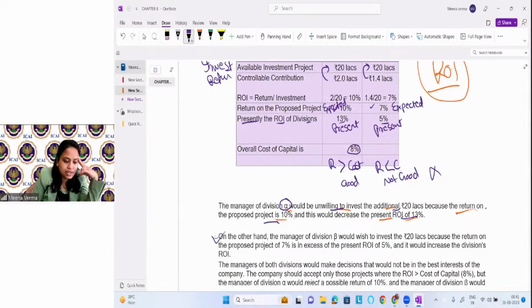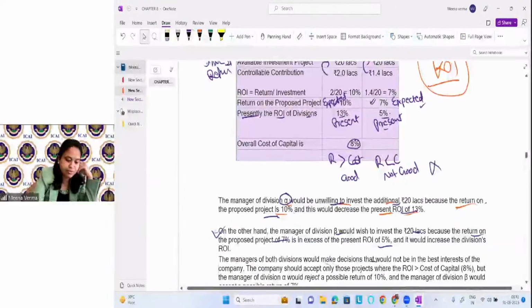On the other hand, the manager of division B wished to invest in 20 lakh because the return on the proposed project, 7%, is in excess of the return on investment. So at present, this is the return and this is the expected return. They are expecting that next year, this will be their profit. Now the managers of both the divisions would make a decision that would not be in the best interest of the company.